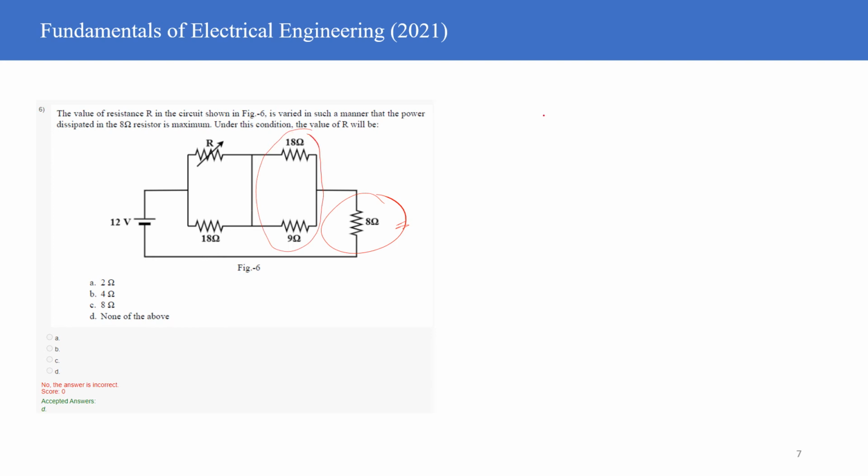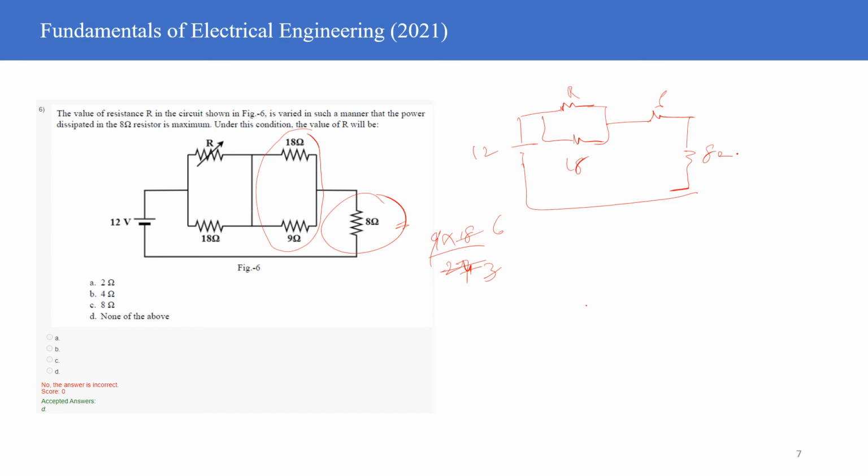So I can write this circuit as 12 volt, and this is resistance R. This is 18 ohms. This is 9 into 18 divided by 27, so 6 ohms, right?